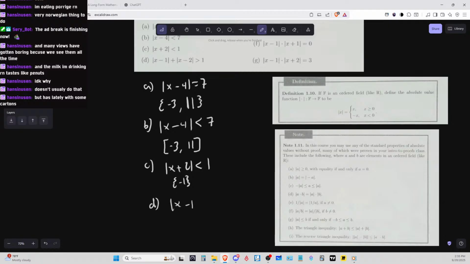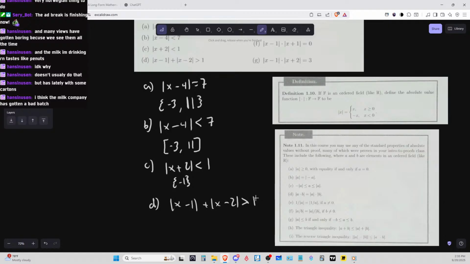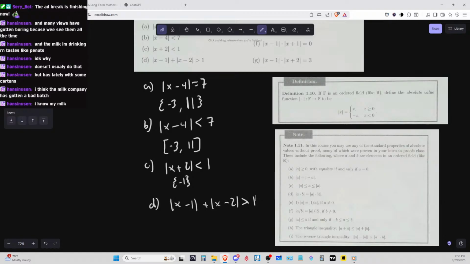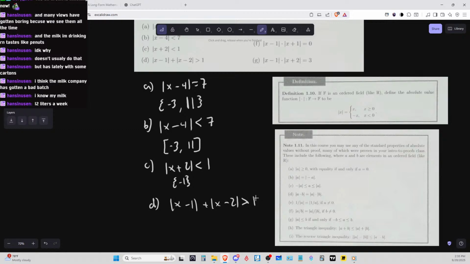So we have X. I think the milk company has gotten a bad batch. Oh, dang. Hopefully it doesn't cause you to have a bad eruption in your stomach. Usually, whenever I have cereal and I put milk in it, if it tastes funny, I'm like, yeah, I don't want to eat the cereal anymore at that point.